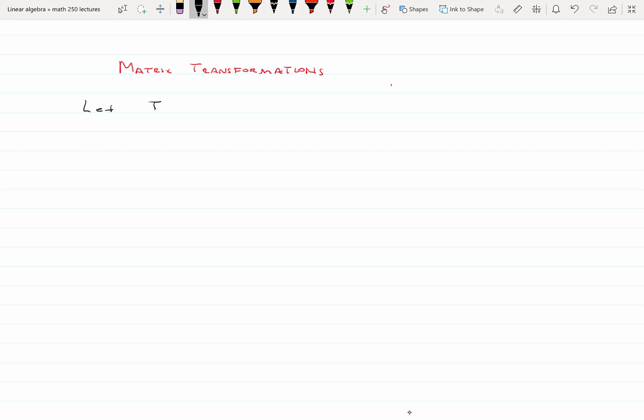So let T take R3 into R2 by T of xyz is x plus y, I think it was minus z, and then down below in the second component it's x plus 2y plus z.